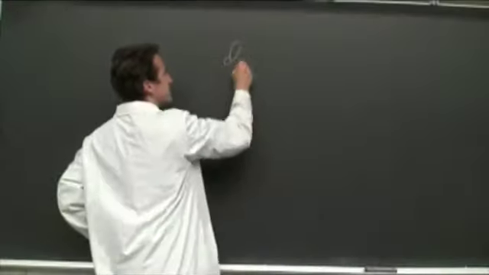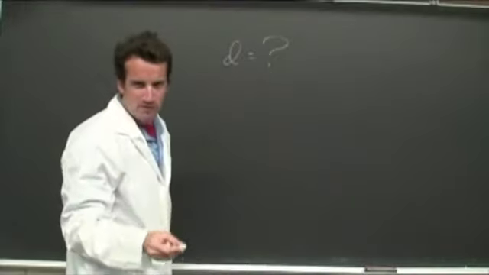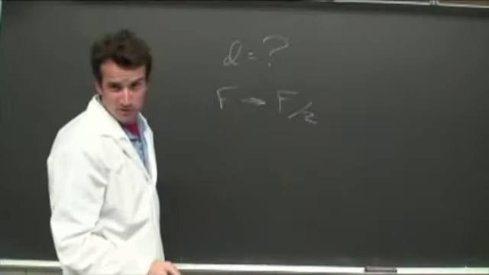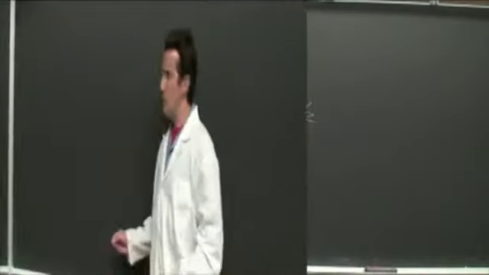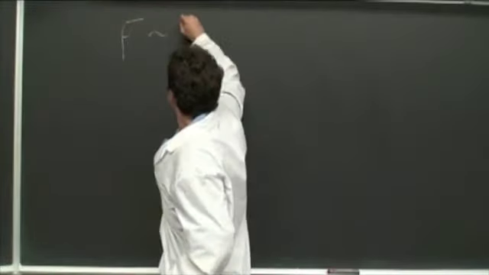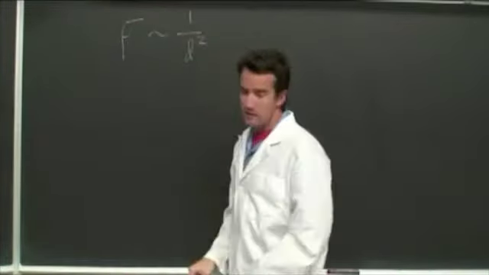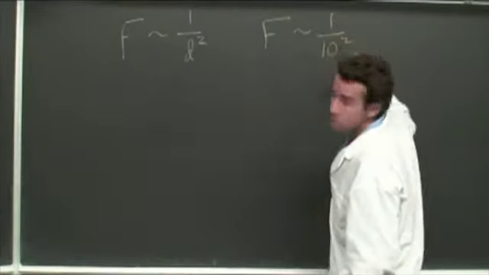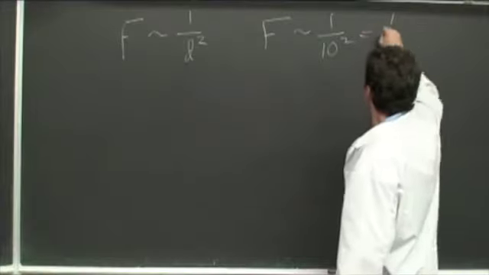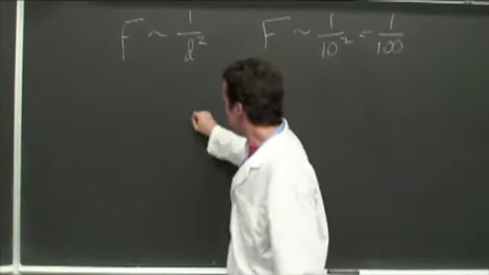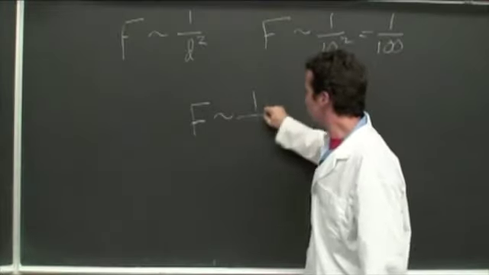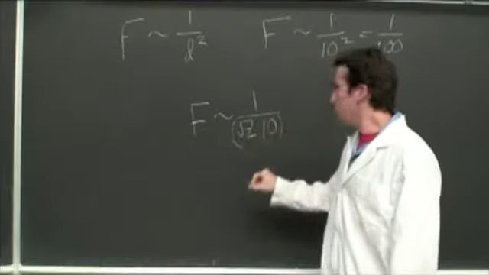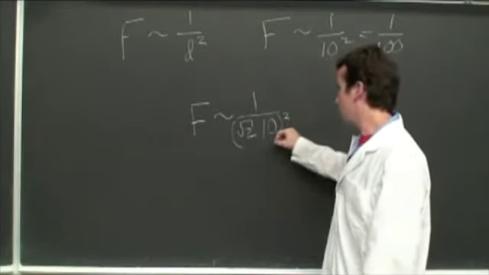Now, to what distance should I move the balls apart in order to measure half the original force? You see, the force is proportional to the inverse square of the distance. This means that the original force was proportional to 1 over 10 squared, or 1/100th. The second force is proportional to 1 over radical 2 times 10 squared, which is 14 squared.